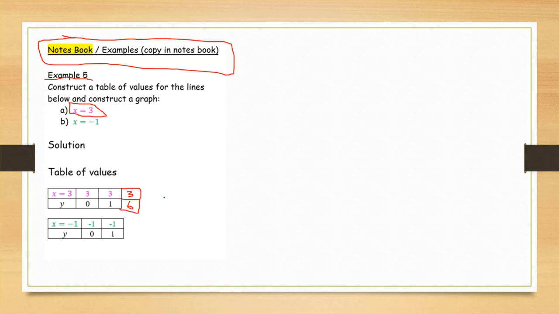When we graph that, if this is x equals 3, it's going to give us a whole bunch of dots like this. So it's actually going to be a vertical line. And if x equals minus 1, we'll also get a line down here at minus 1.